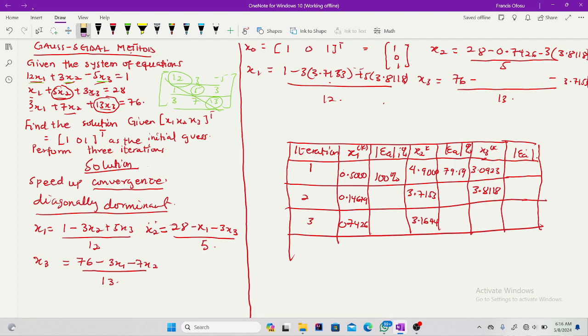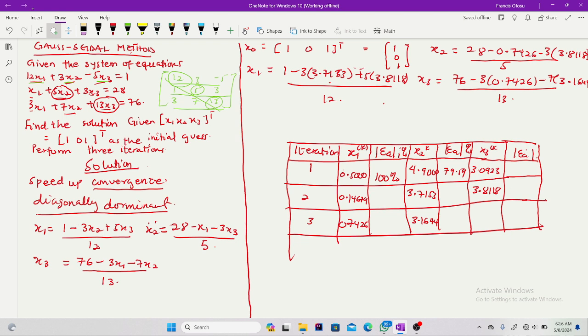Then finally, we make changes to our current x3 here. So our current x3 will now be 76 minus 3x1. What's our current x1? 0.7426, right? Minus 7, multiplying the x2. The current x2 is 3.1644, divided by 13.